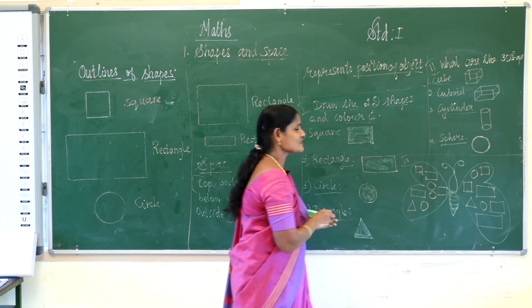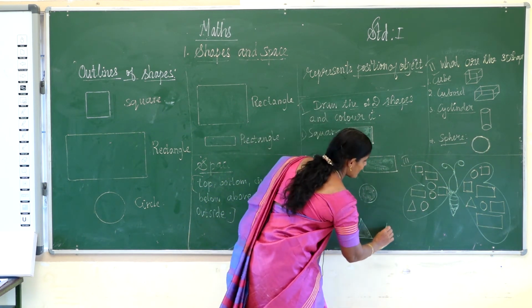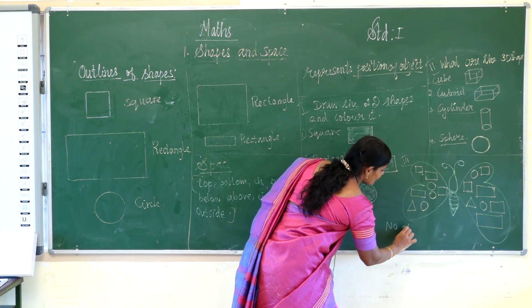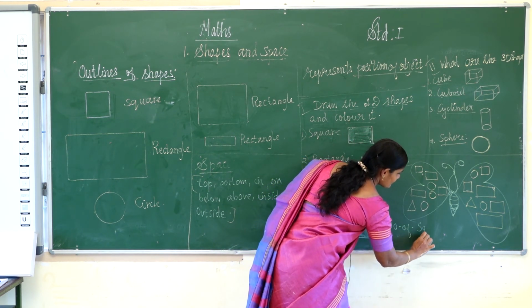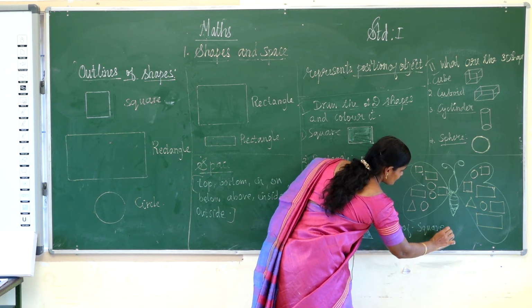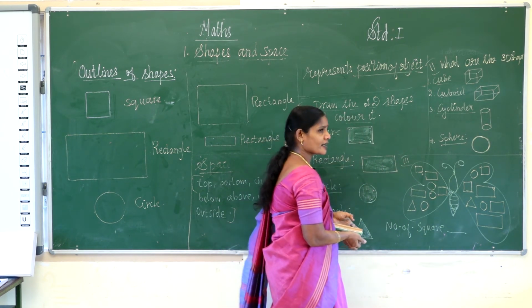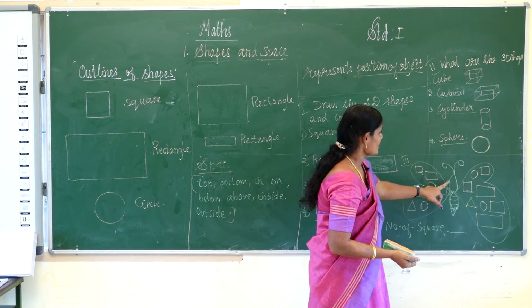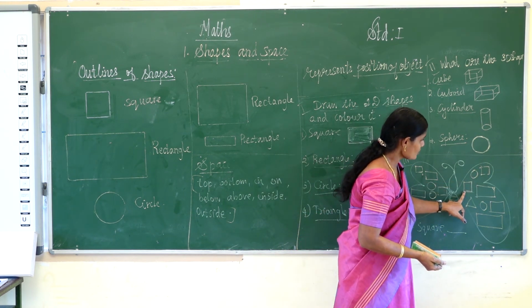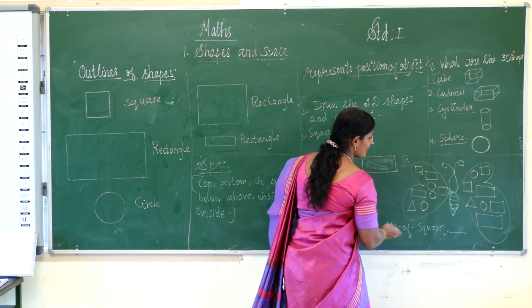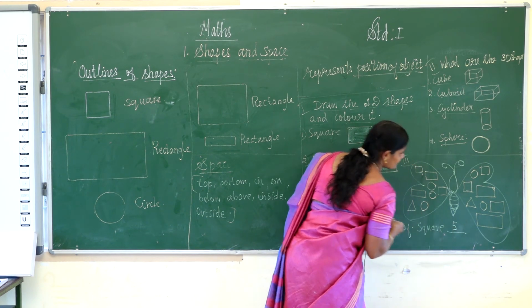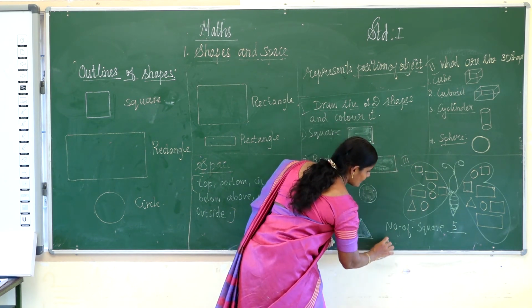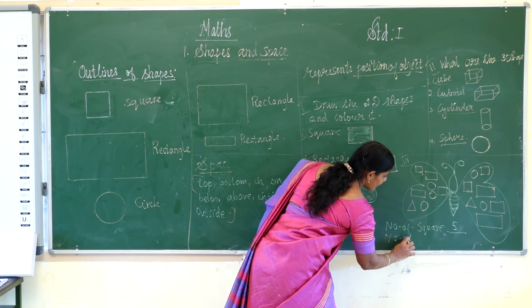Here write the answer. Number of squares. How many squares here? Count the squares. 1, 2, then 3, 4, 5. Okay, write the answer 5. Then number of rectangles.